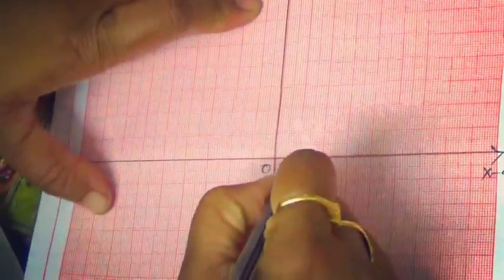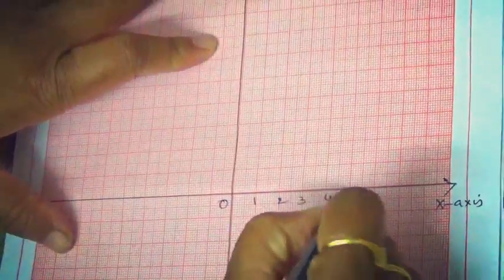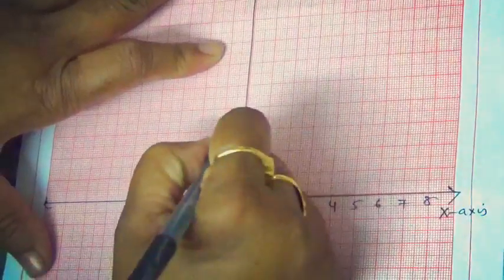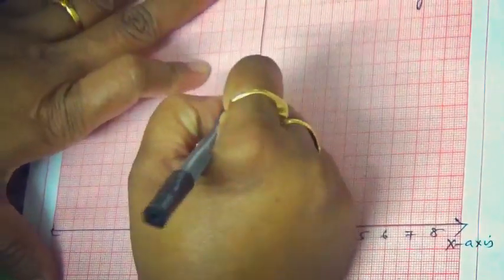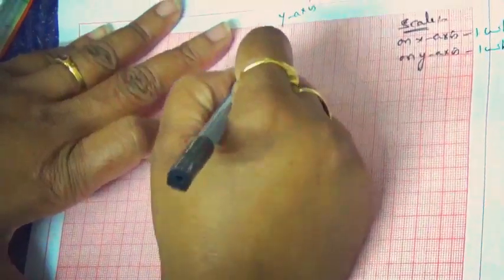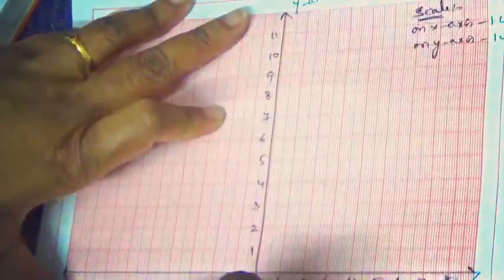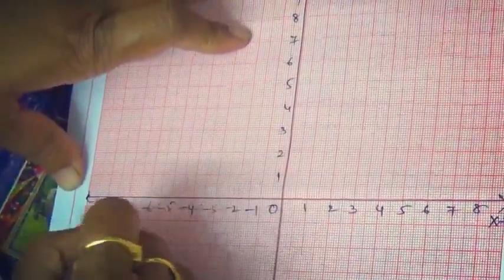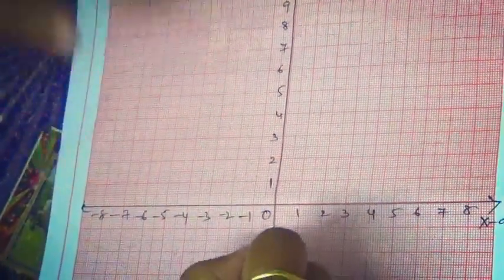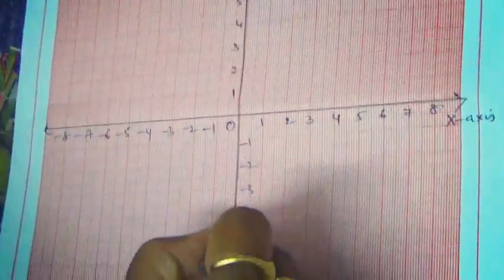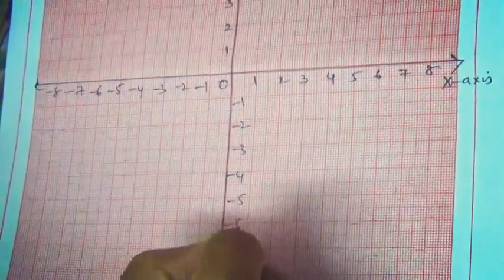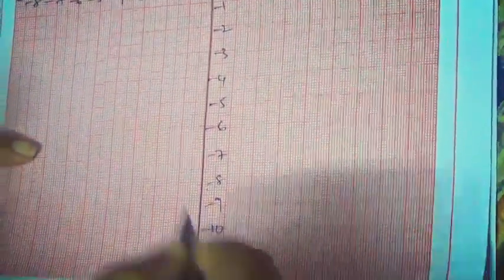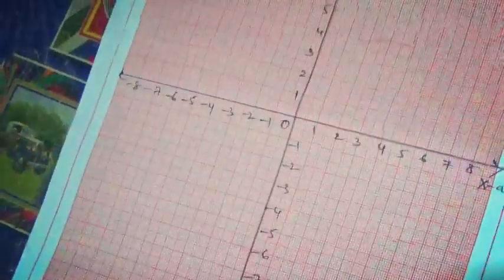So it is 0, 1, 2, 3, 4, 5, 6, 7, 8 and 1, 2, 3, 4, 5, 6, 7, 8, 9, 10, 11, and leave it. Minus 1, minus 2, minus 3 up to minus 11 on both axes. Okay, just like this you have to prepare your graph.